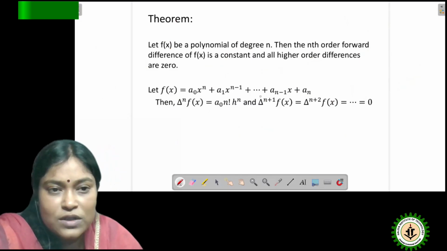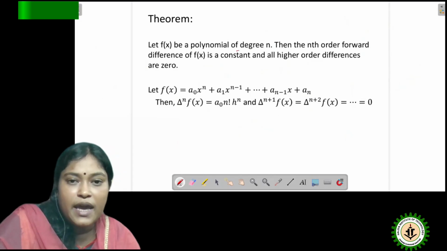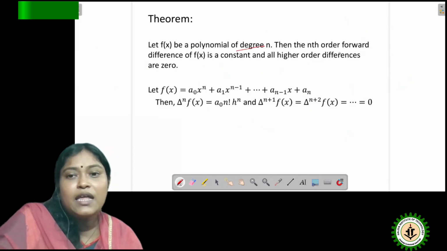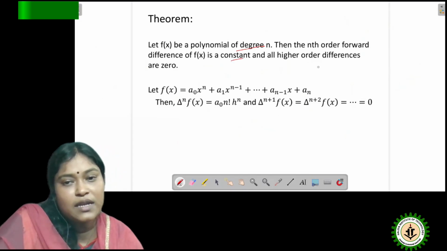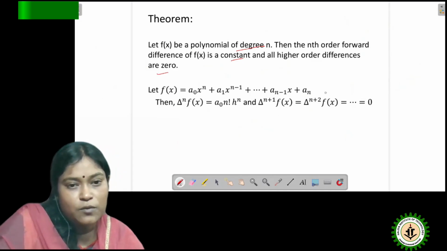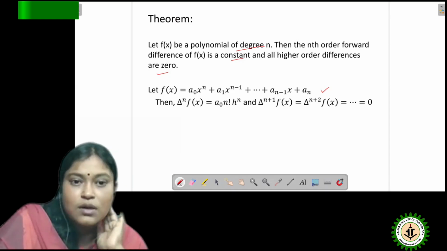Now come to one theorem. Let f x be a polynomial of degree n. Then the nth order forward difference of f x is constant, and all other higher order forward differences are 0. So let f x be this polynomial: a naught x to the power n plus a1 x to the power n minus 1 plus and so on, plus a n minus 1 x plus an, where a naught, a1, a2 up to an are all constants.